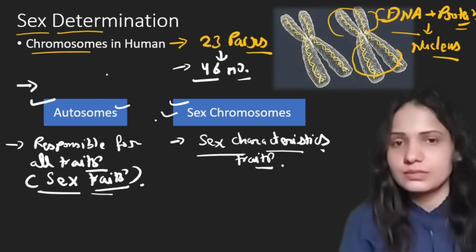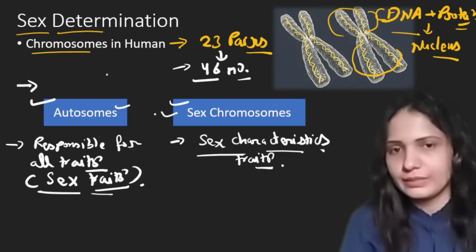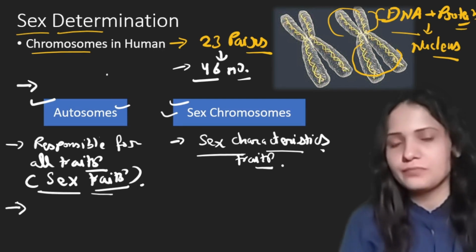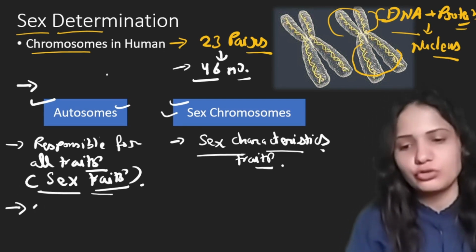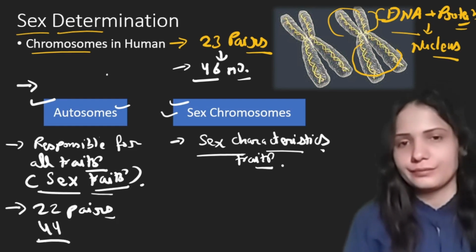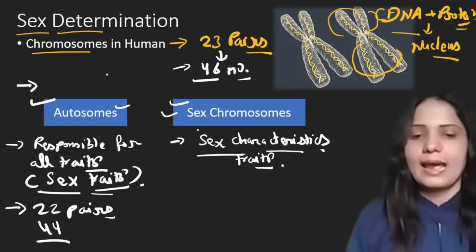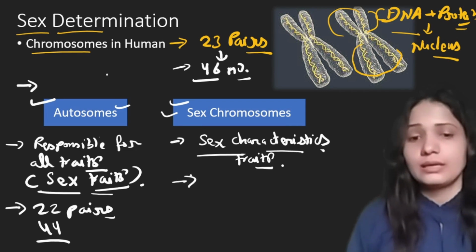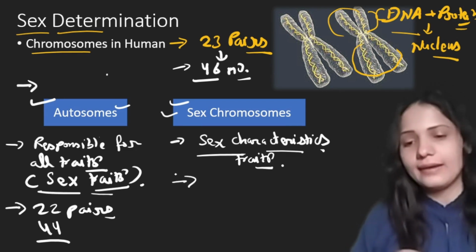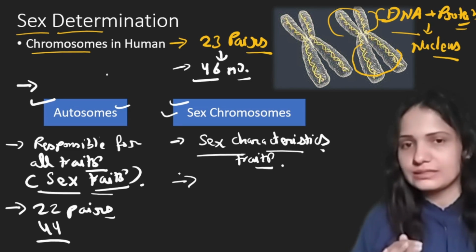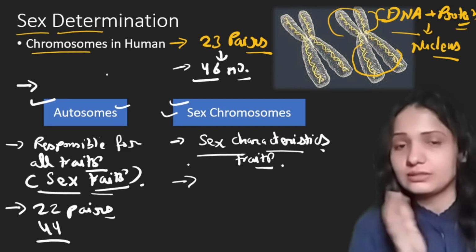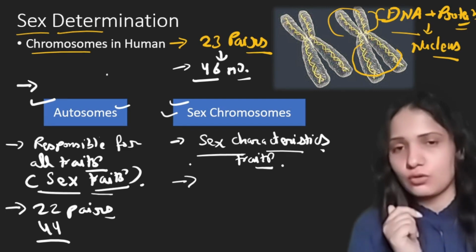This is responsible for maleness and femaleness of human sex chromosomes. Now, if we see the number of autosomes, we have 22 pairs of autosomes in our cells. We have 44 autosomes and sex chromosomes. In total we have 46 chromosomes, and out of 46, 44 are autosomes and the rest are sex chromosomes.